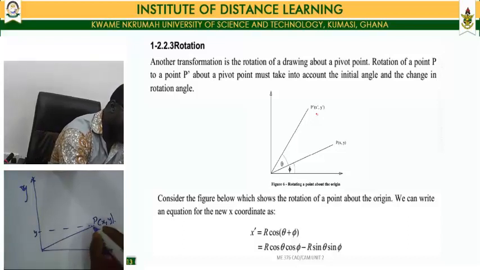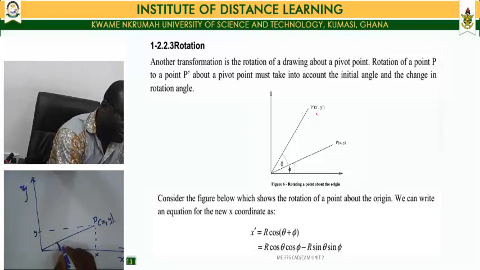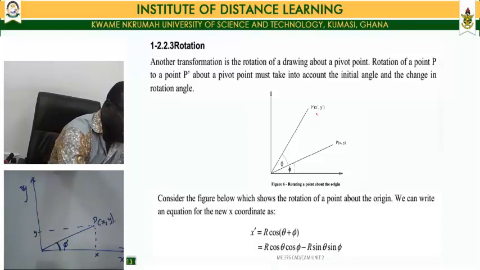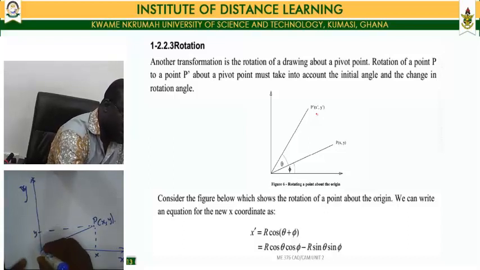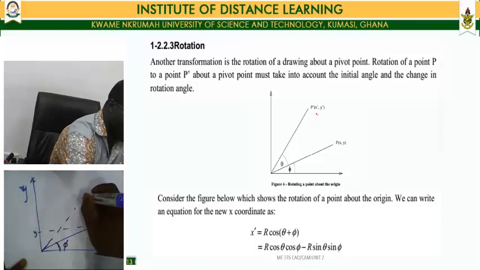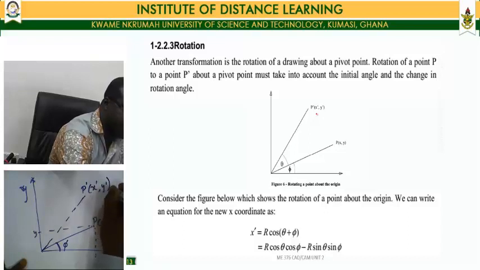Now we rotate this point. This P is making an angle, let's say phi, with the horizontal. Now we rotate this point to a new position that can be defined by P prime. It is an x prime, y prime position.